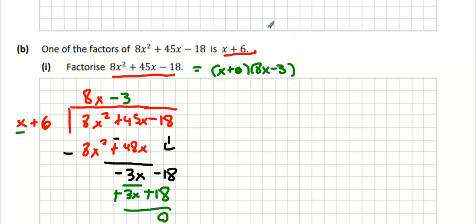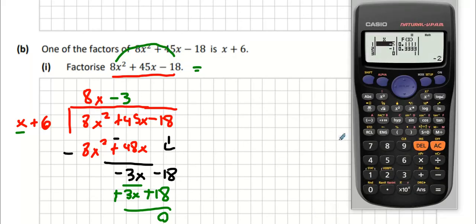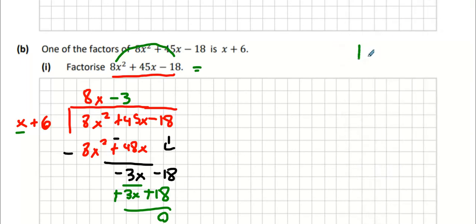Now the other way of doing it would be to try and multiply 8 by 18. Now this might be quite difficult, but we'll give it a go. 8 times 18, 144. Okay guys, so 144. Alright, break up 144 into as many of the factors as we can.